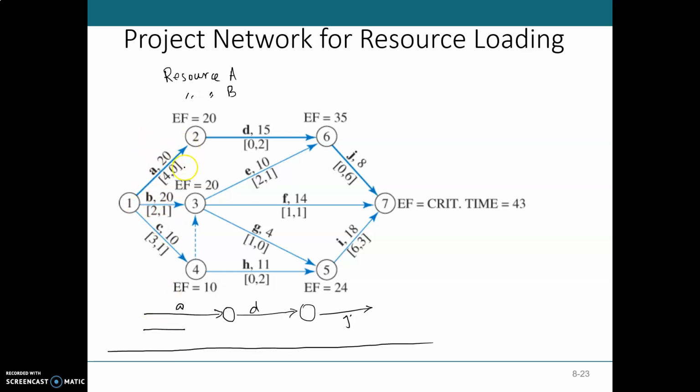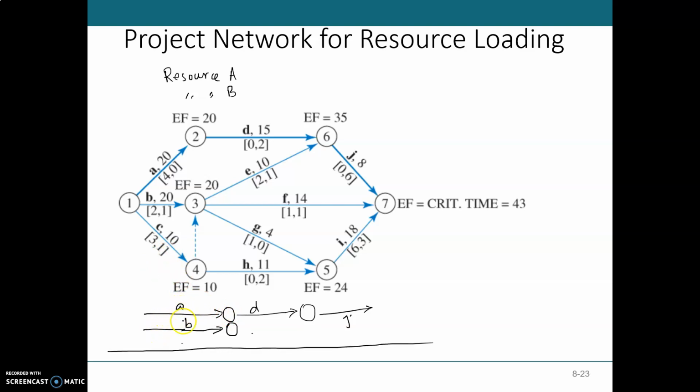A and B both are 20 days long, so we can draw B over here, and similarly we have E and J as well. By drawing all the activities on this horizontal scale, we can add up the resources in those activities.